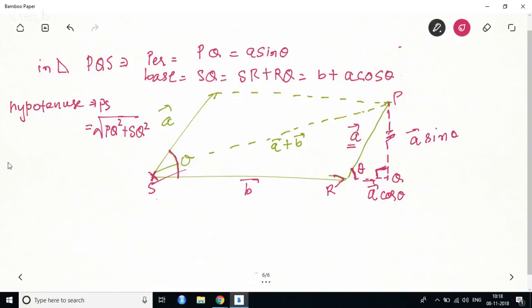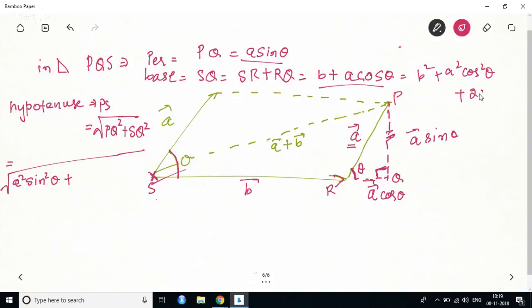This is S. So PQ is how much? Under root, PQ is a sine theta, so a square sine square theta, and square of this, I'm doing it here only, would be b square plus a square cos square theta plus 2ab cos theta.